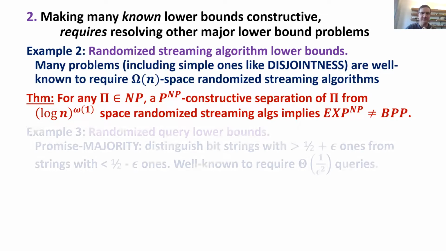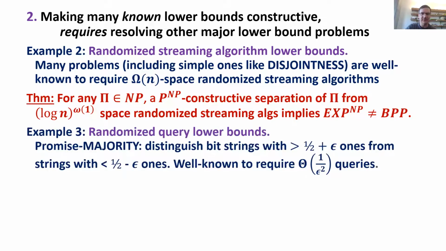So for a third example, randomized query lower bounds. Even making some of these very basic lower bounds constructive would have big consequences. Consider promise majority, also known as the coin problem, where we want to distinguish bit strings that have greater than half plus epsilon fraction of ones from strings with less than half minus epsilon fraction of ones, where epsilon is some parameter greater than 0.